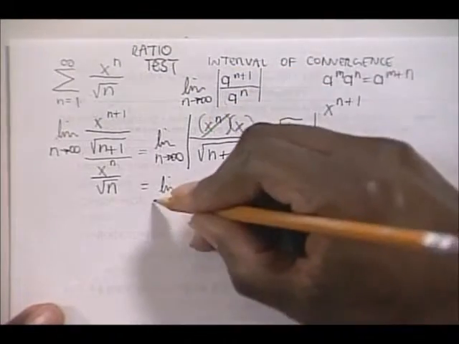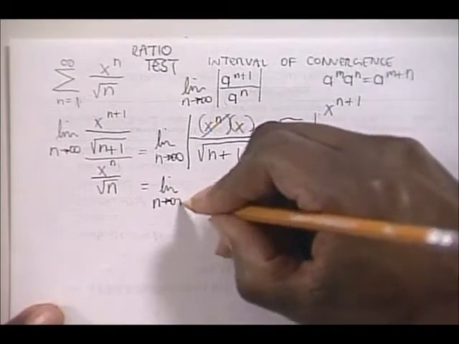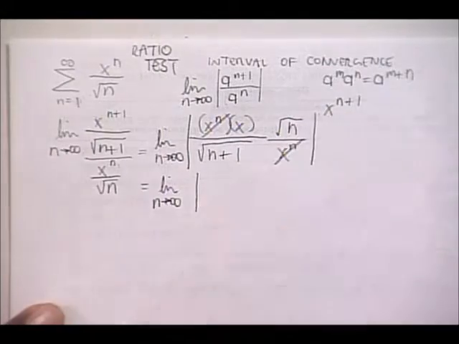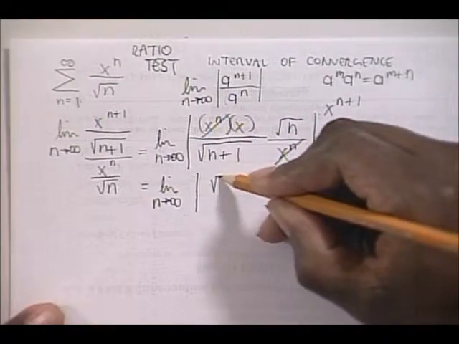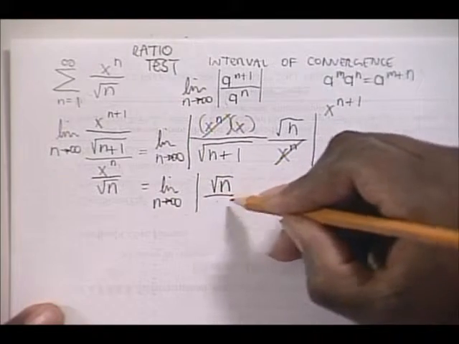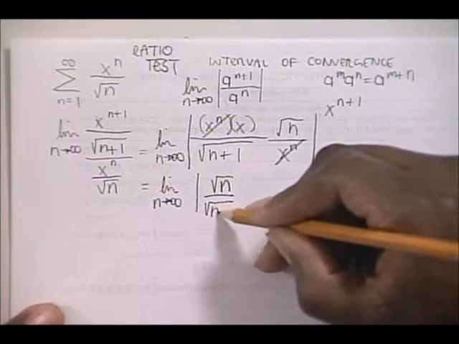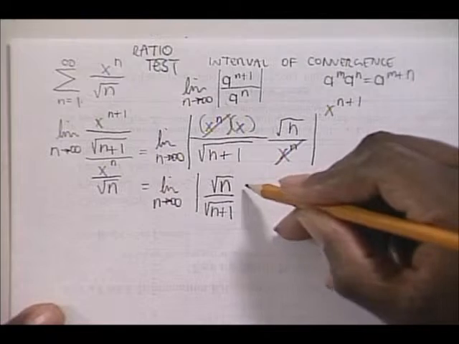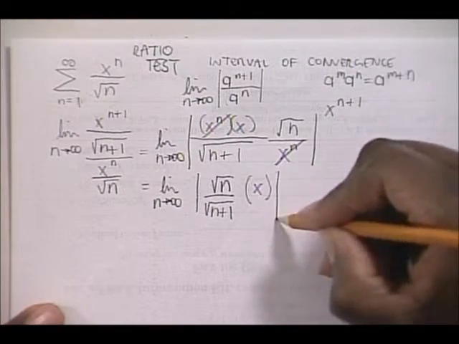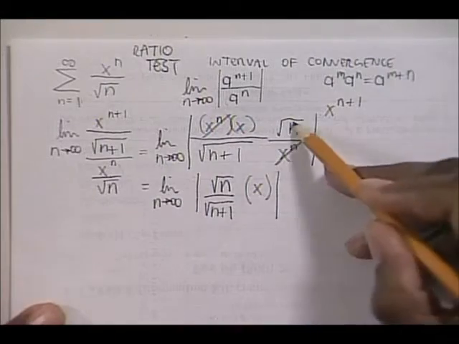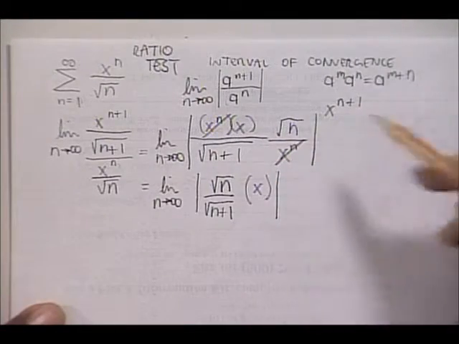Sorry about that. So we have the limit as n goes to infinity of the absolute value of radical n over radical n plus 1 times x.